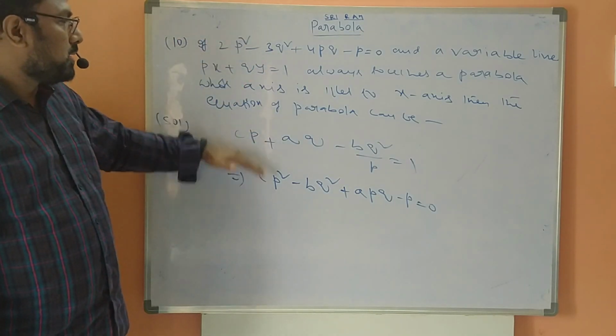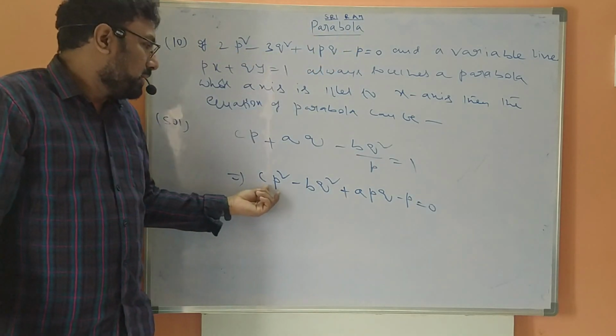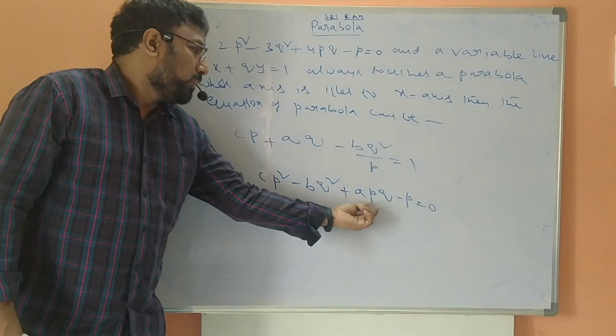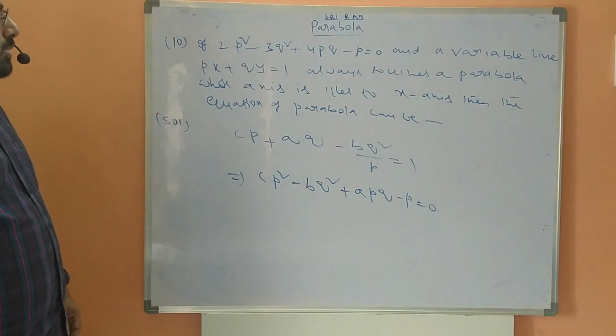Comparing both the equations now: 2p square minus 3q square plus 4pq minus p equal to 0 and cp square minus bq square plus apq minus p equal to 0.